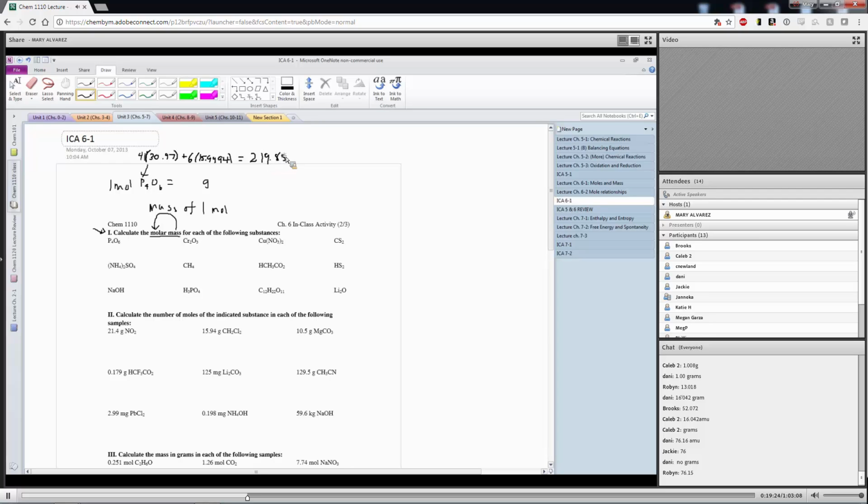219.88 grams. So I could say 1 mole of this equals 219.88 grams. Or another way to show this is if we divide both sides by 1 mole, then we find out that P4O6 is 219.88 grams per mole.